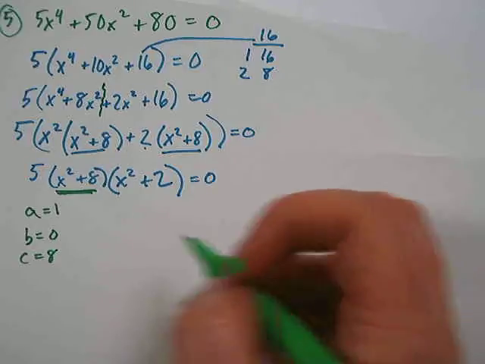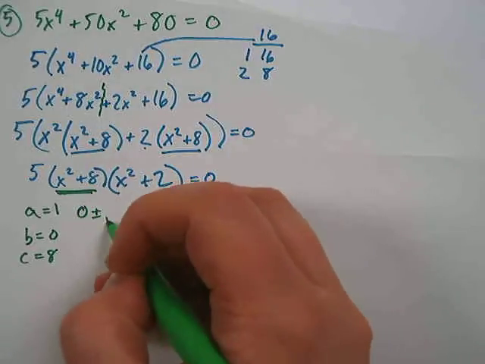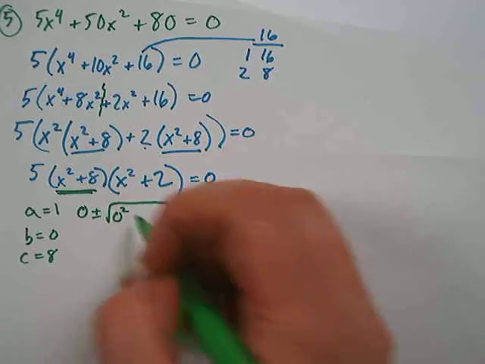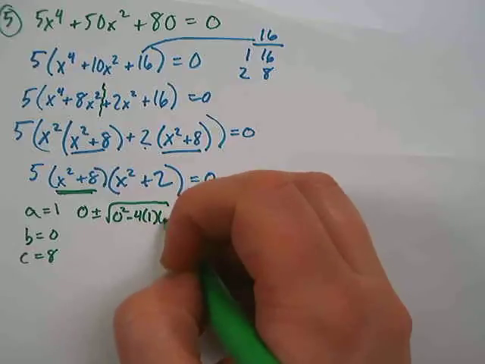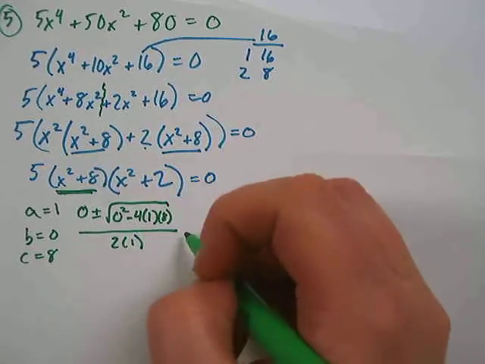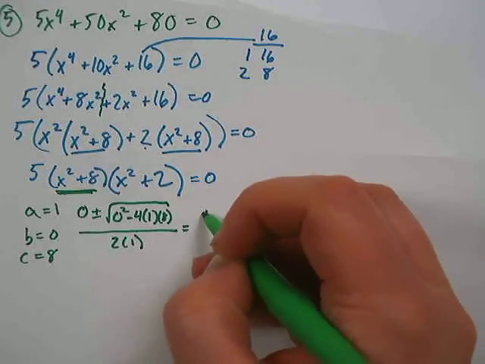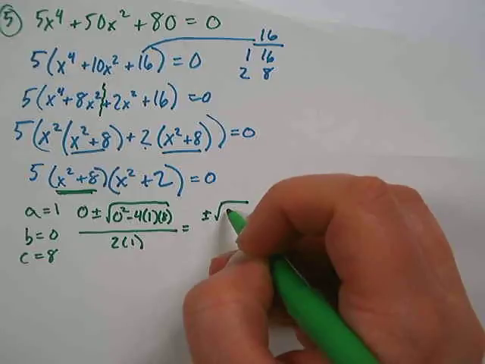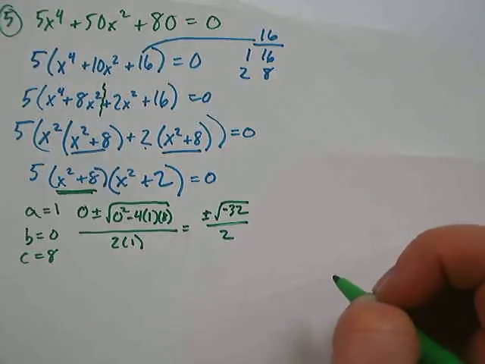So putting that into the quadratic formula, we have negative b, so 0, plus or minus the square root of 0 squared, minus 4 times 1 times 8, all divided by 2 times 1. Okay, so simplifying this, we're left with plus or minus the square root of negative 32, all divided by 2.